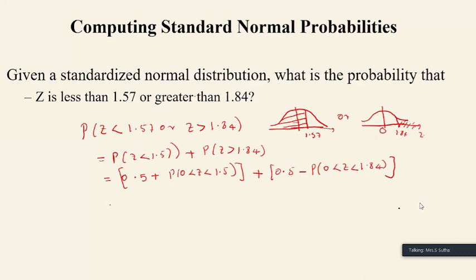Now 0.5 plus this probability 0.4418 from the table, minus this probability from the table, 0.4671, right? So that is equal to 0.9747, that is 97.47%, right?